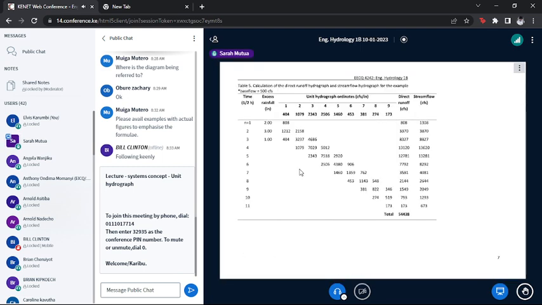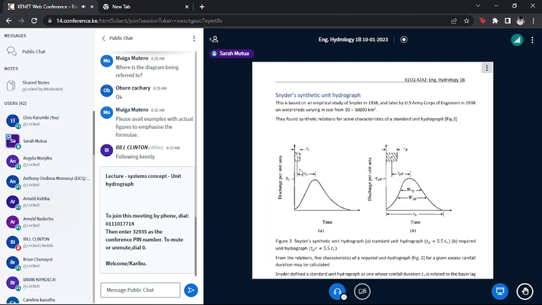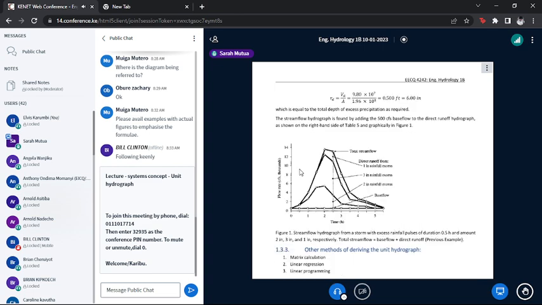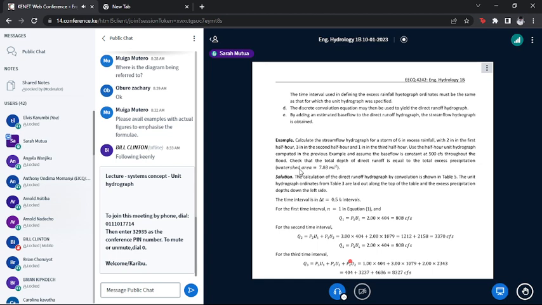Now, I have asked a question, because after this we have other methods, other types of unit hydrographs, which we shall see. But today I wanted us to reach the unit hydrograph and finish with the derivation.